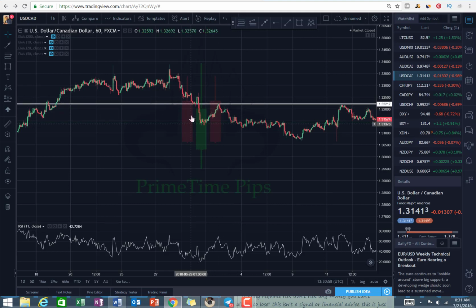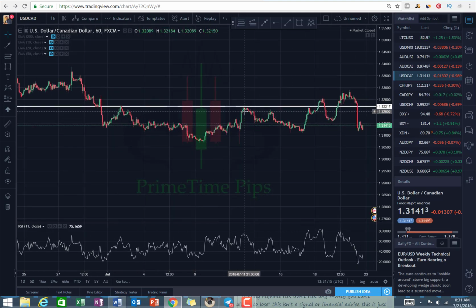Usually, when it breaks a support and resistance line, it comes back to retest it, even if it takes a whole day or maybe an hour or a couple hours. You never know. It could retest it quick, or it could take time. But as you see, it came back up to retest it, started going back down, came back up to retest it again and again right here.